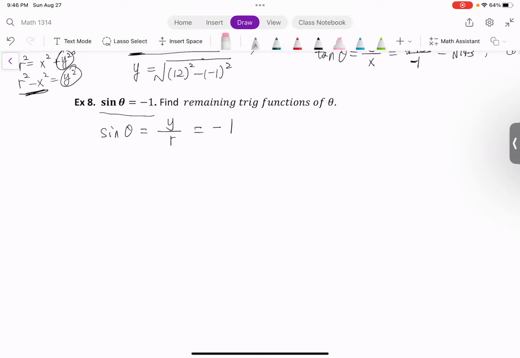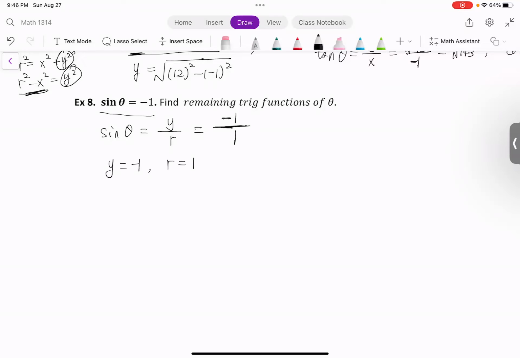I know that r is always a positive number. So if I want to convert the negative 1 to a fraction, I can make it 1 over 1. And then r is always positive, so I can put the negative on the top. That means y equals negative 1, r equals positive 1. Can you find the x?